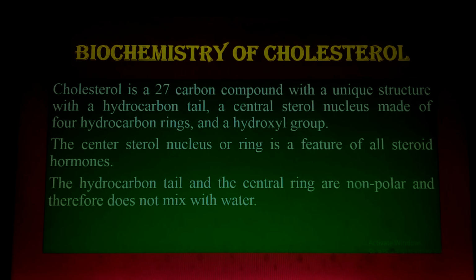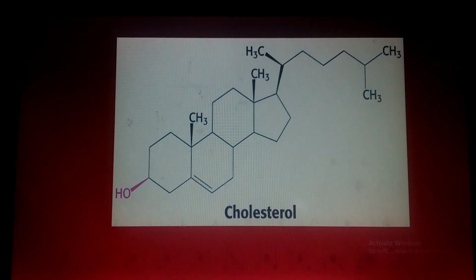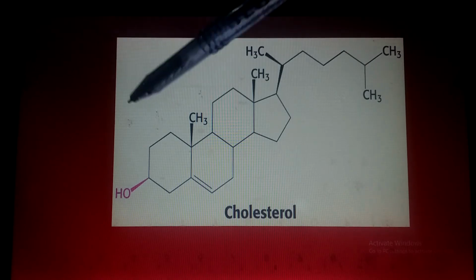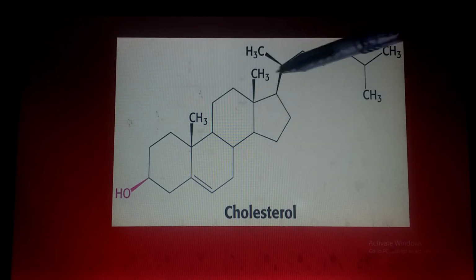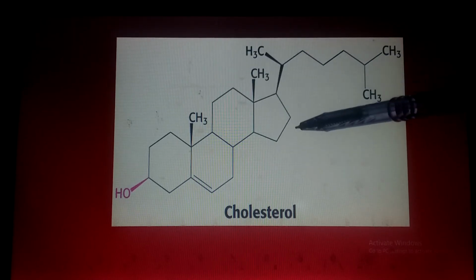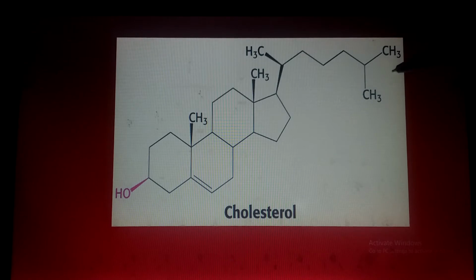Cholesterol is basically a 27 carbon compound with a unique structure: a hydrocarbon tail and a central steroidal nucleus made up of 4 hydrocarbon rings. As you can see here, this is the chemical structure of cholesterol, and you can see the 4 rings, 1, 2, 3, 4, which are the sterol rings, and this is the hydrocarbon tail.